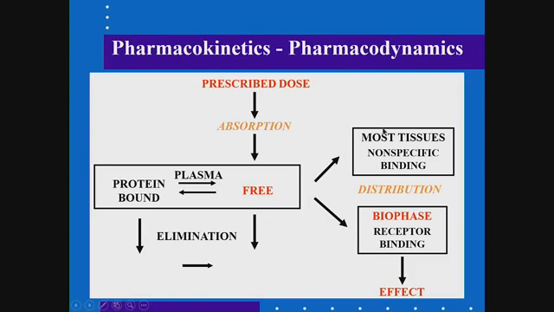The drug may actually distribute to most tissues, and you may find non-specific binding of drug to tissues, but what we're really interested in is the distribution of the drug to its site of pharmacological action, what we call the biophase, and of course the study of receptor binding, and ultimately the effect of the drug that we're looking for.